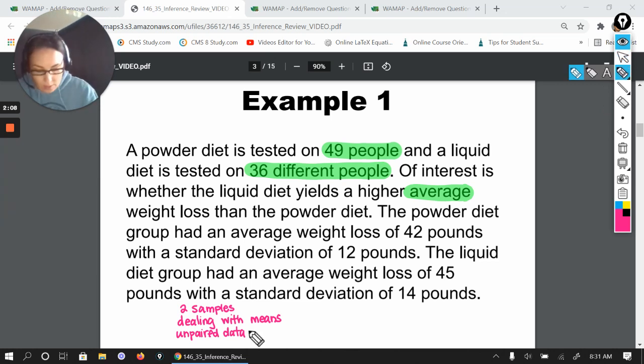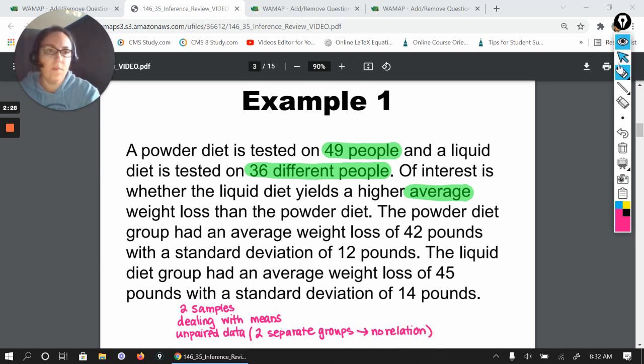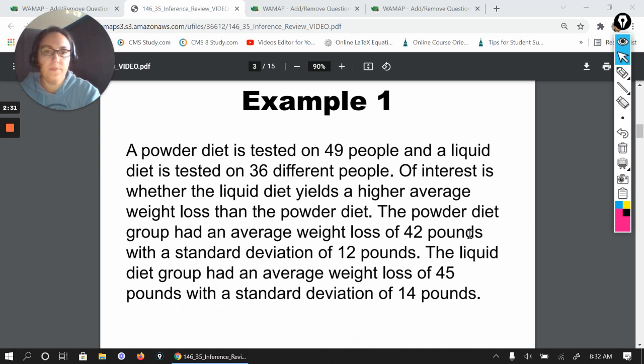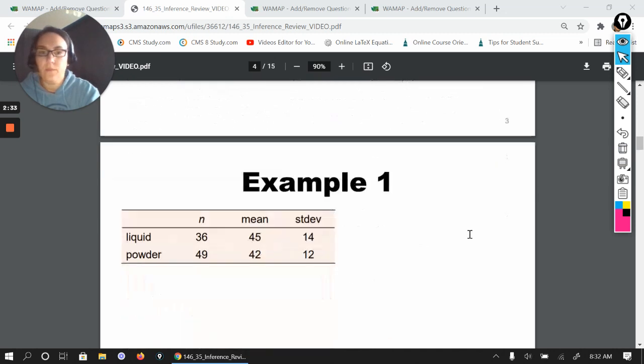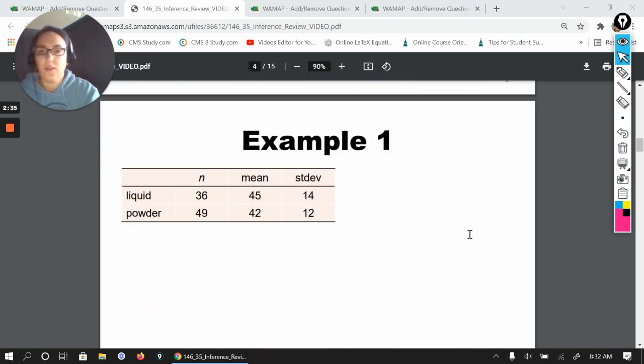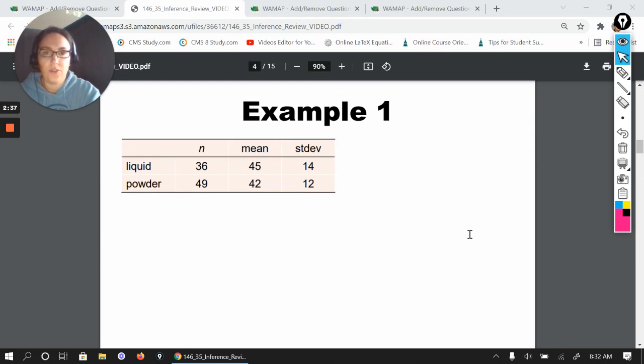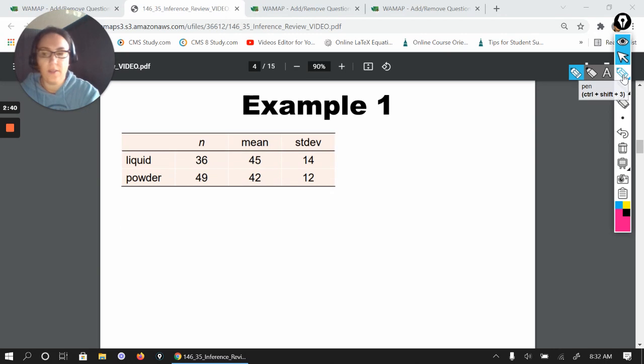So remember that unpaired data means that we have 2 separate groups with no relation. Alright, so here is the table that shows those summary statistics.